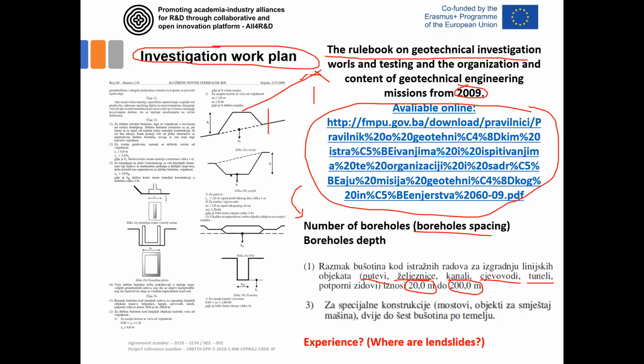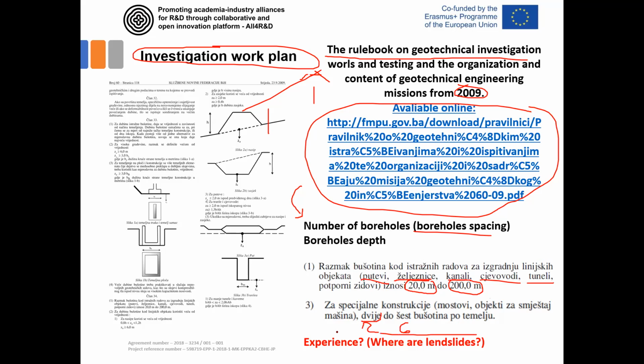If you have some viaducts, bridges, then you need to have at least two boreholes per every foundation of this viaduct. That's minimum. The maximum stands for 6 boreholes. What we usually do in practice is at least these 2 boreholes before the main design is constructed.